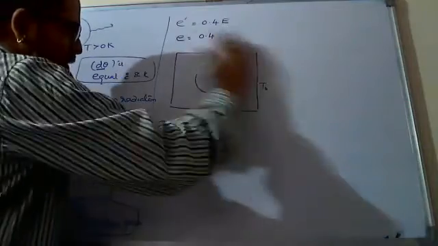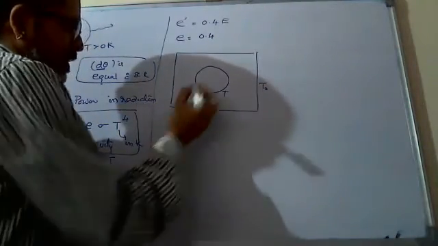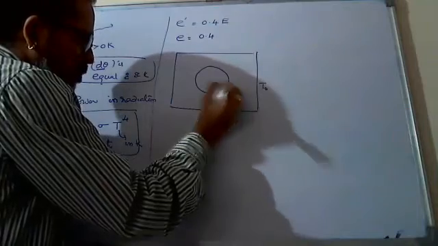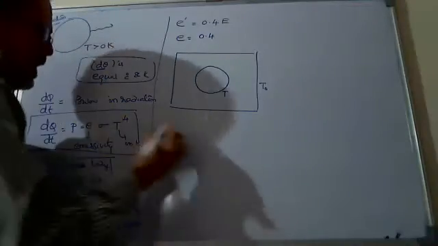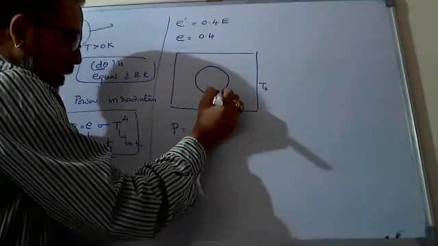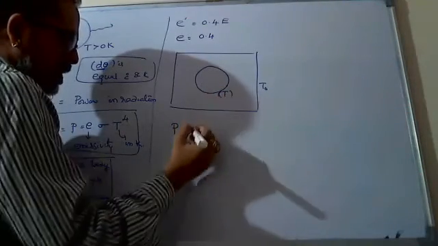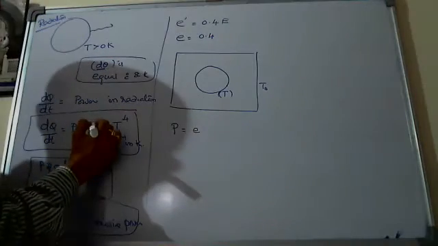And this body is placed in the surroundings, like in convection. Then what is the radiation power of this body? The radiation power actually emitted by the body at this temperature is, oh, I forgot A now.